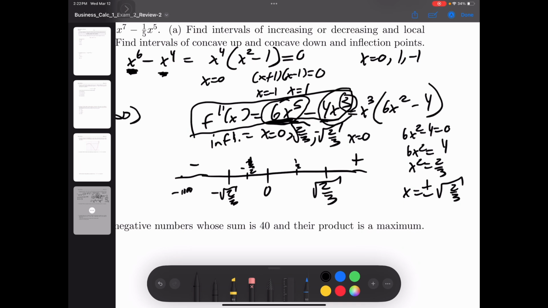And over here, I get something that's only 1/2 to the third, which means the thing on the left is going to be smaller. If you take a small number and subtract a big number, you get a negative number. So here we're going to be negative. And then if we do the same logic with the -1/2, but the signs flip, we're actually going to be positive here. And so there are our intervals of concavity, concave up and down.